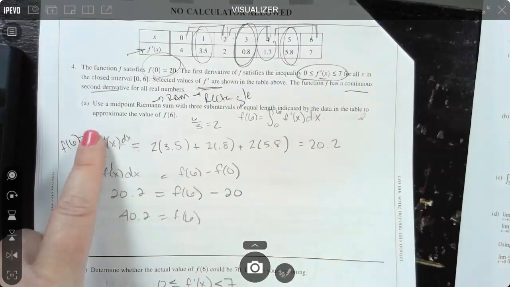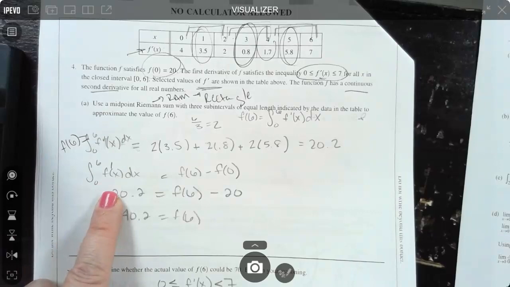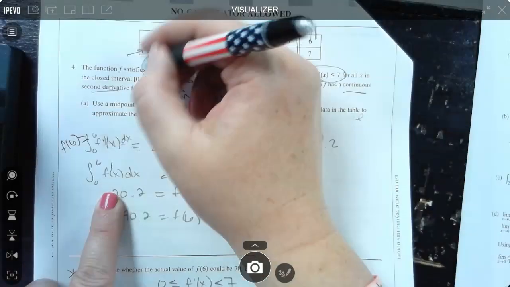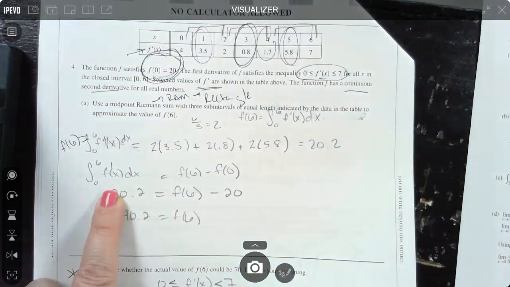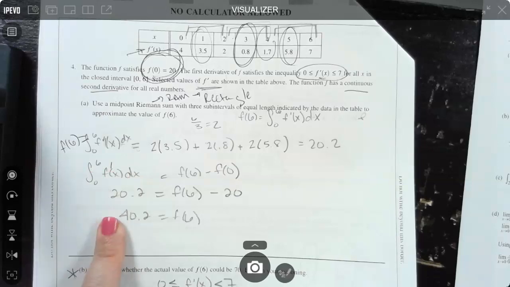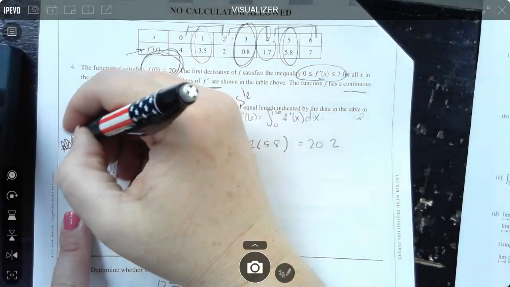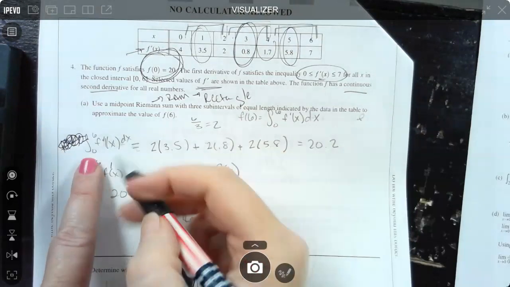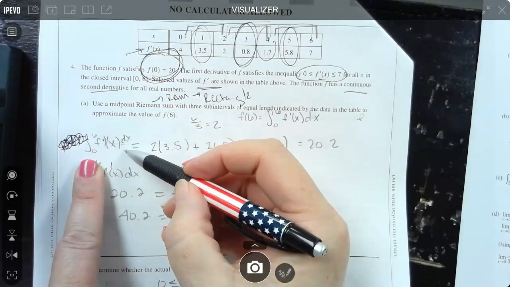So because I'm going from 0 to 6, you have to think about taking that initial condition into consideration. This is the fundamental theorem because the integral from 0 to 6 is f of 6 minus f of 0. Because you cancel each other out. So, actually, no, I lied. This is not f of 6. This is the integral from 0 to 6 of the derivative.